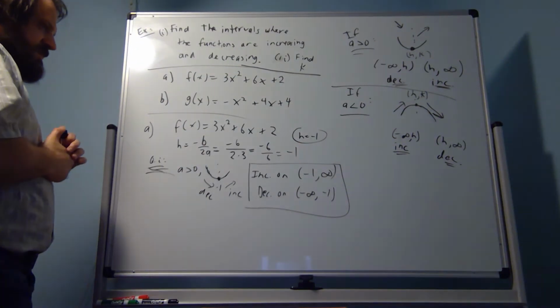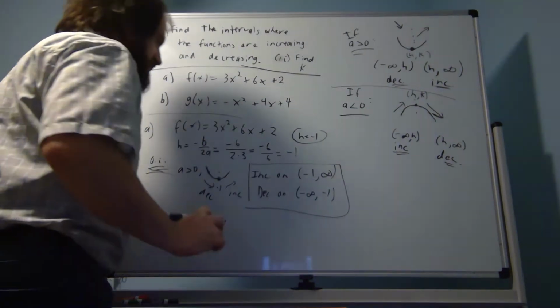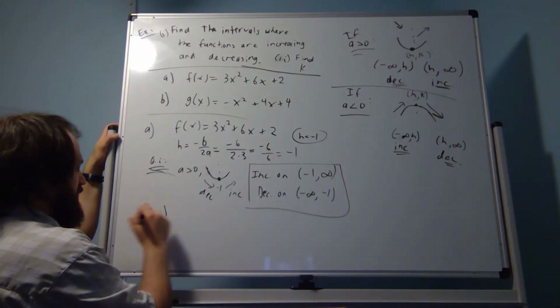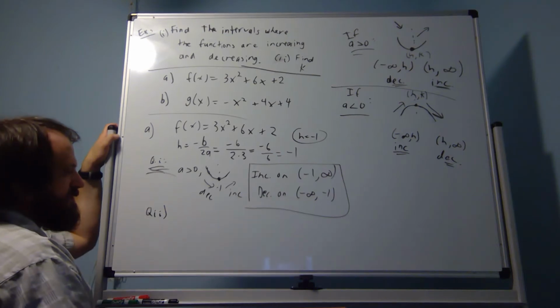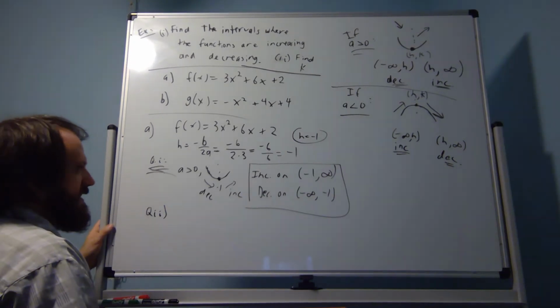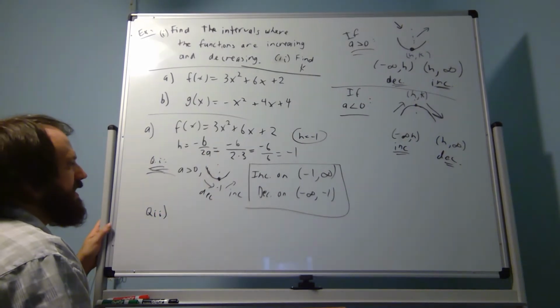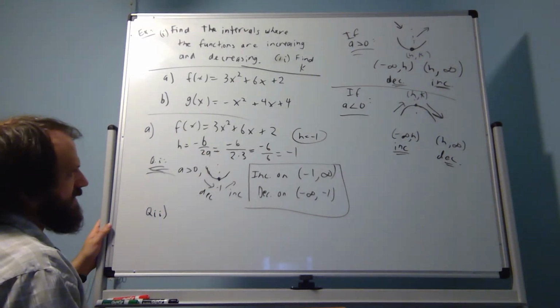And that's it for question 1. Question 2. If it's just an increasing decreasing problem, and that's the entire question, then you're done. You don't have to find k. But this one, I'm asking for k, so let's go ahead and do that as well.